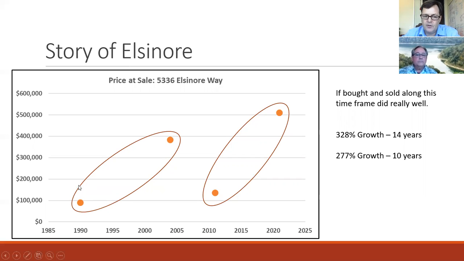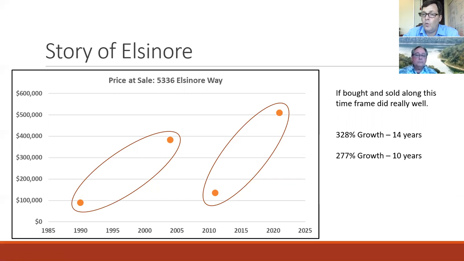You can see if you purchased in 1990 and sold in 2004, you did really well, 320% growth over those 14 years. If you purchased in 2011 when the bank sold it and sold right now, you'd see a 277% growth over 10 years. So these are really good things.